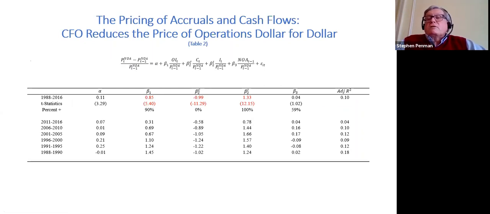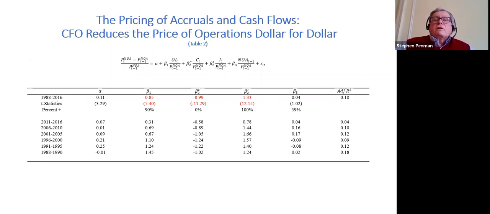The market prices accrual operating income. You got 1.33 on your investment, which is really quite interesting because typically these investments are treated at historical costs, but the market actually prices at 33 cents more on average, positive NPV.